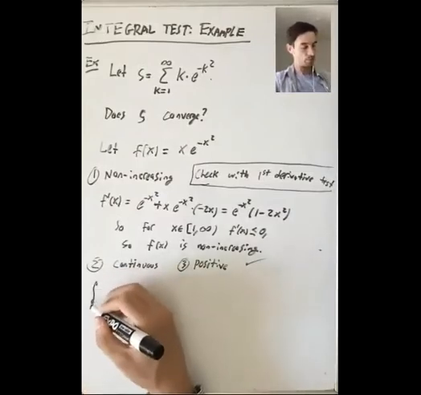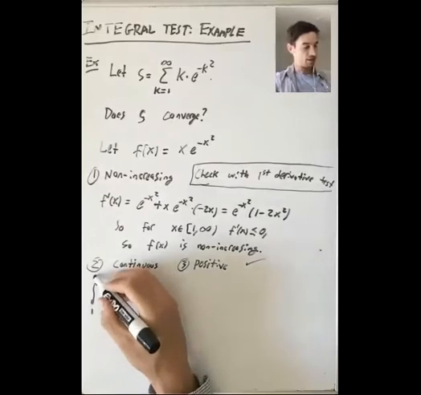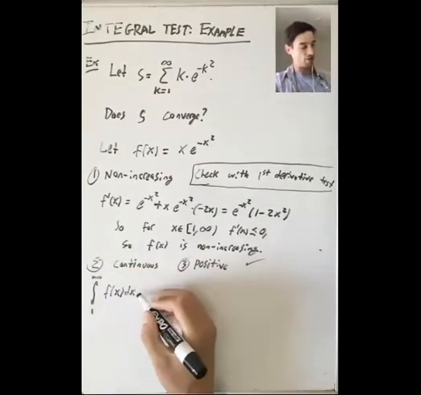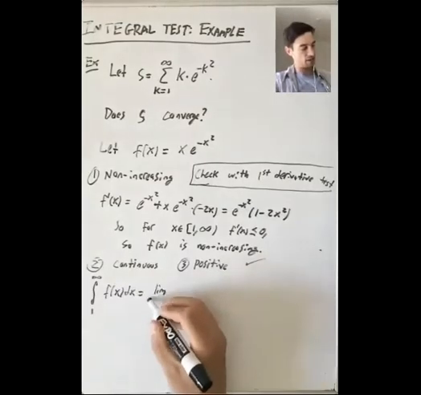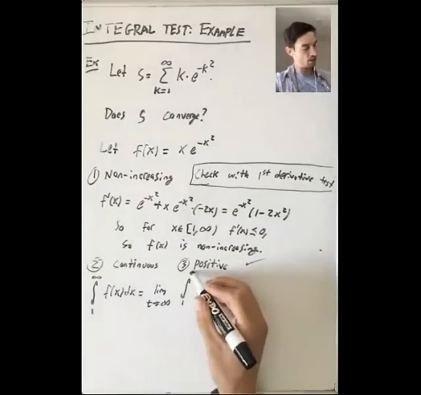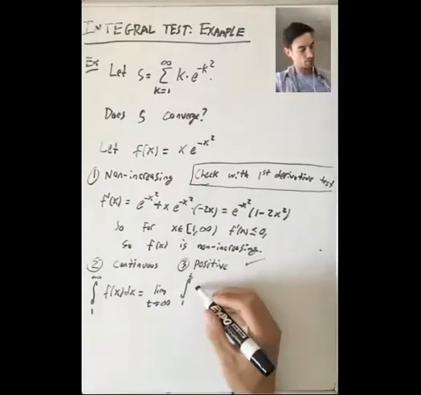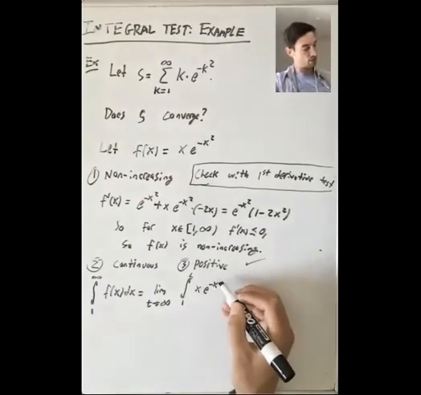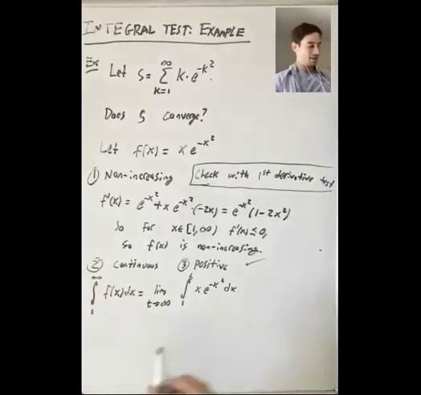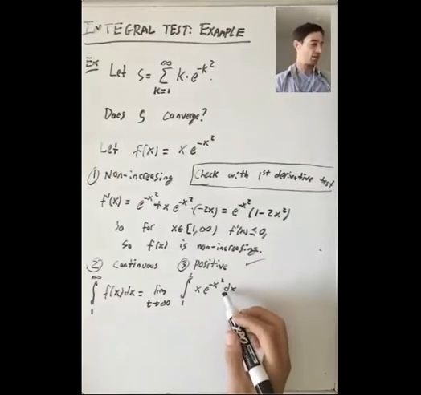So we're going to study this series by looking at the integral from 1 to infinity of f of x dx, which is a limit as t goes to infinity of the integral from 1 to t of x e to the minus x squared dx. And this integral is a little trickier to look at.